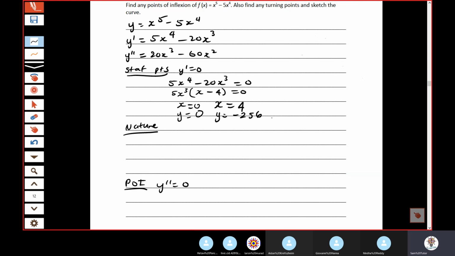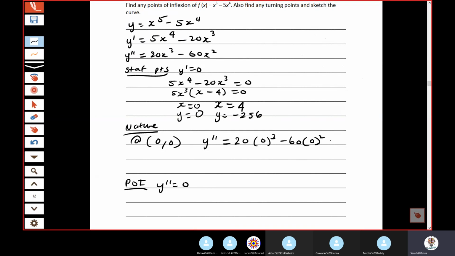Again, I'm guessing you guys did the y double dash technique. Okay. So at 0, 0, what does y double dash become? Yeah, but then at this point, what should it become? 0 cubed.